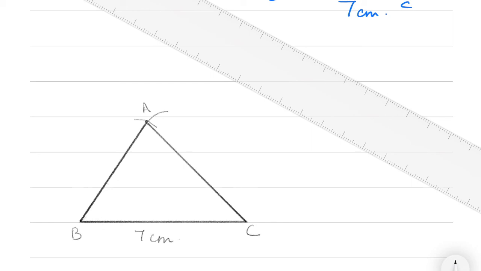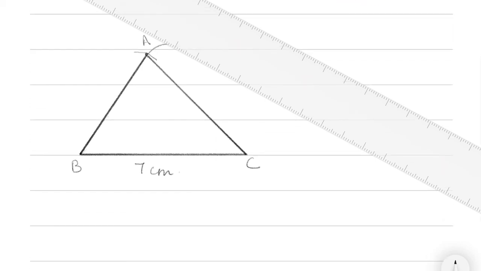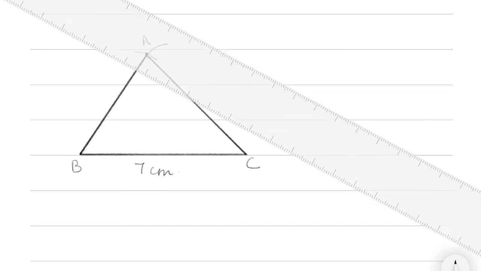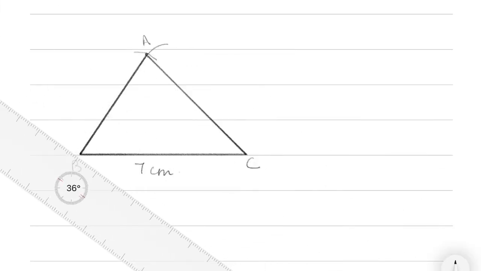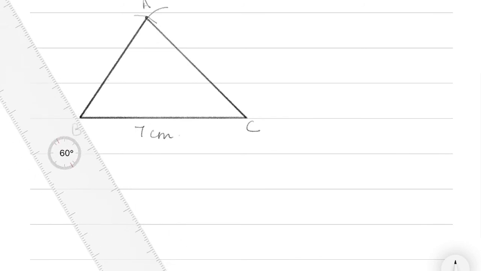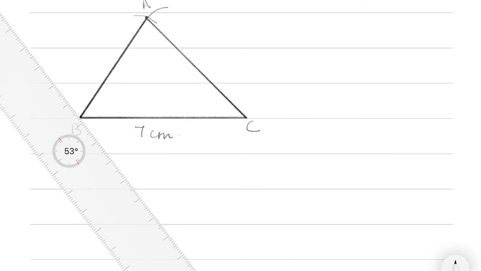Now we have to draw a similar triangle which is 4/5 of this triangle. So now from B we'll draw a line on the opposite side of A at any angle.